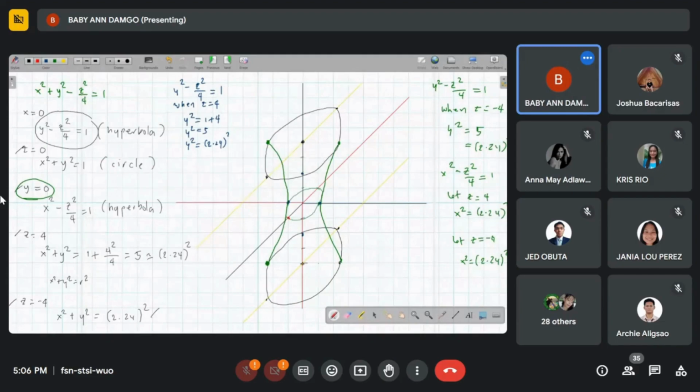Ani. Diba? This one. And then for the plane z equals 4, so mo intersect siya at 2.24. So in which this one. Okay? And then we can create the hyperbola.